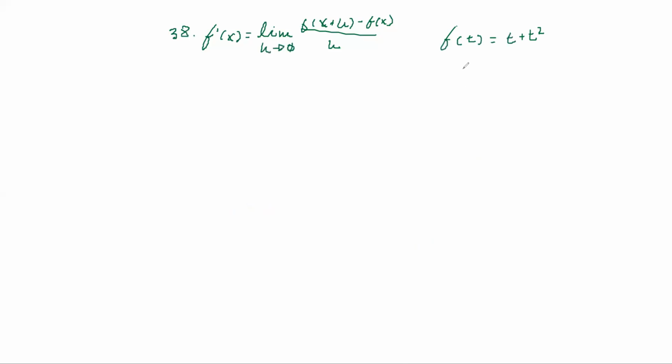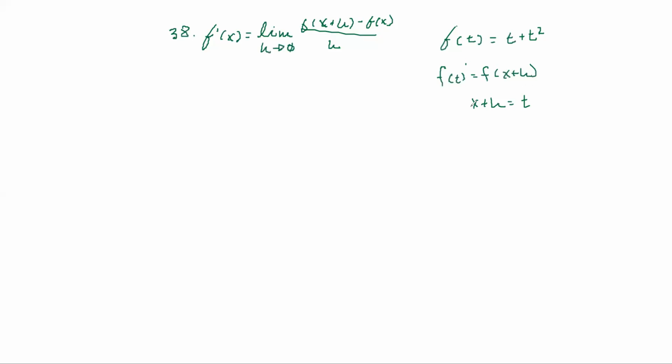So basically what I'm going to do is I'm going to say, sorry about my f's, f of t is equal to f of x plus h. So I'm going to say that x plus h is equal to t.